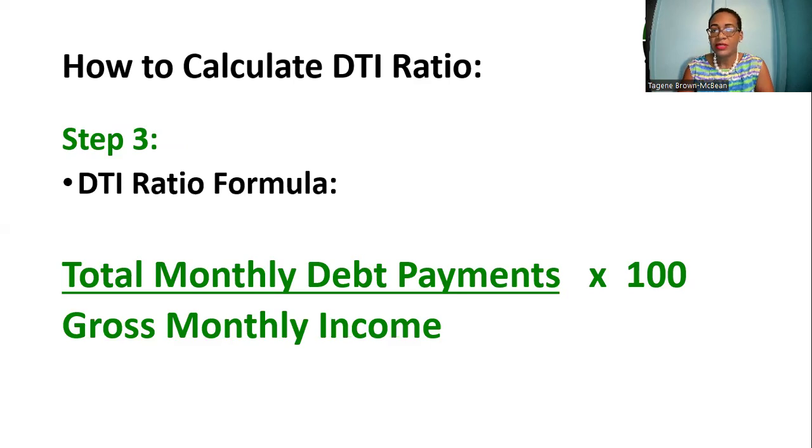So step three is the formula. The formula is your total monthly debt payment divided by your total monthly gross income times 100.